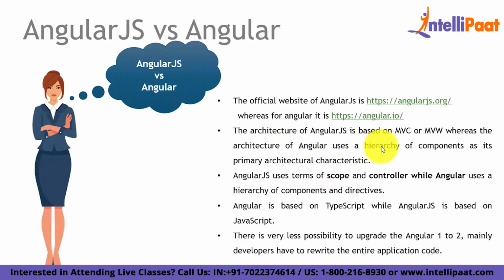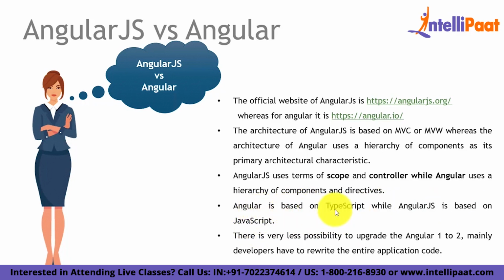As I said earlier, AngularJS is completely made up using the controller and scope concept, whereas in case of Angular, we are going to create multiple components, multiple directives, templates, and many other things. Once we start with Angular, you will get a fair idea. Angular is based on TypeScript while AngularJS is based on JavaScript. That is also one of the major differences.